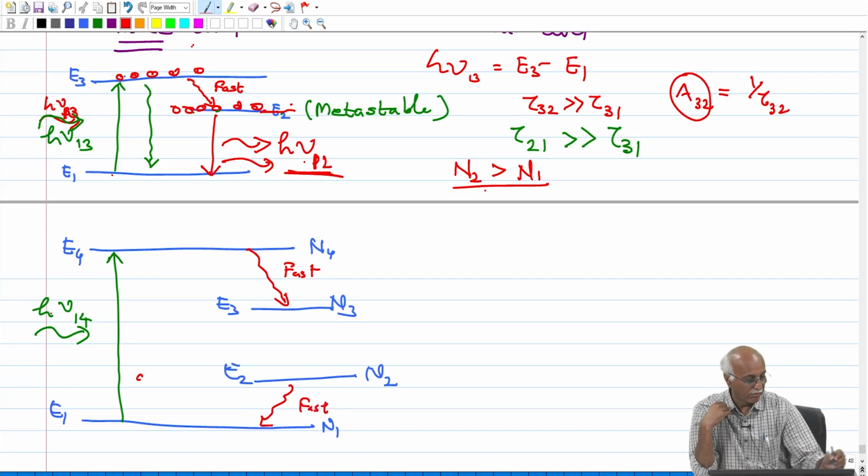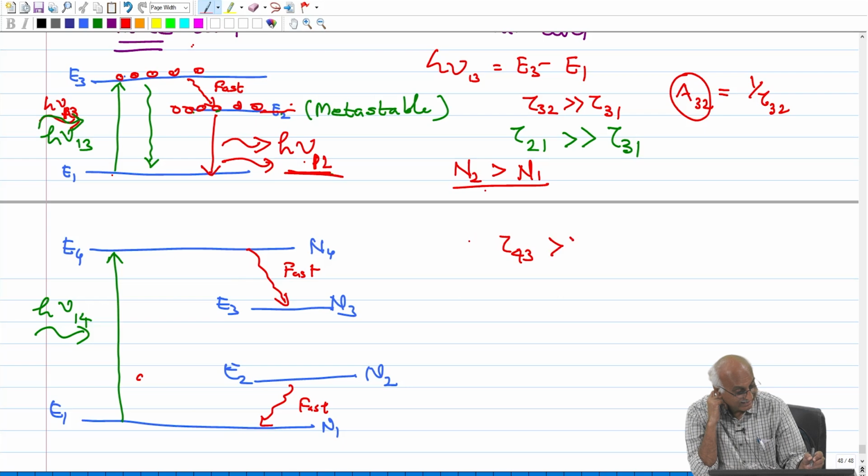So first of all, tau 43 is much higher than, sorry, tau 32. Sorry, I am so sorry, it was a mistake here, it should have been less. When I say fast, it does not mean increase, but that tau is shorter. I will correct this.